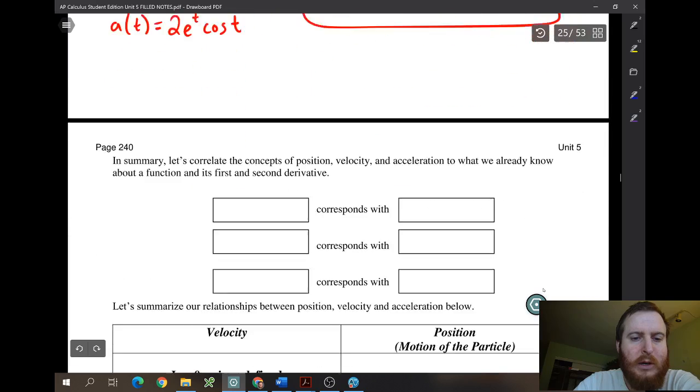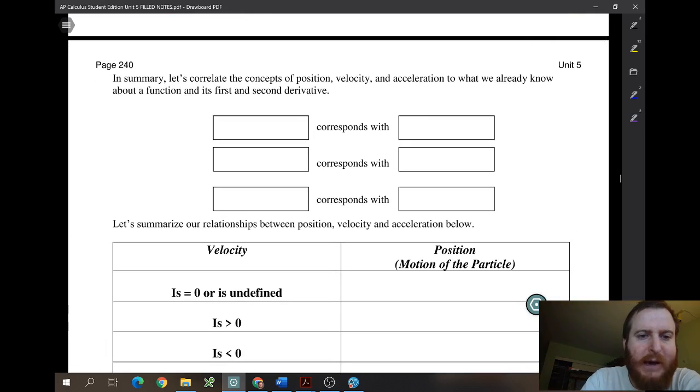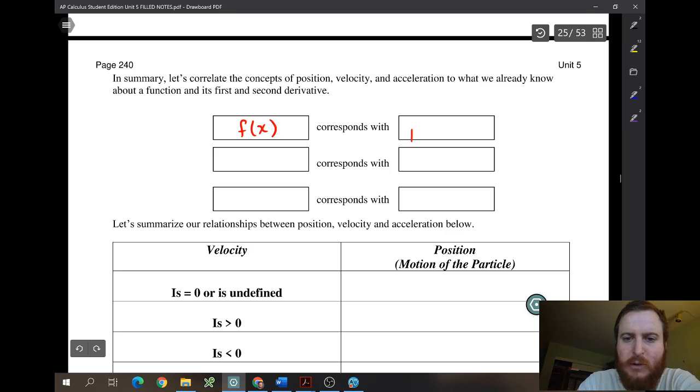Okay. So moving on, we're going to connect this back to f of x. So f of x corresponds with our position. Then f prime of x corresponds with our velocity.